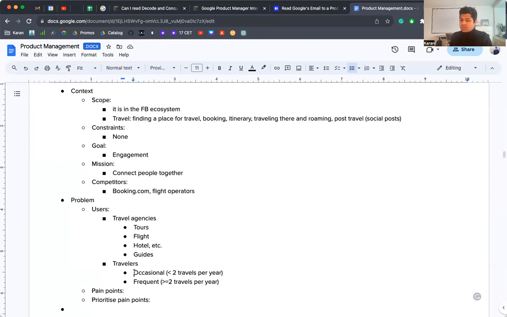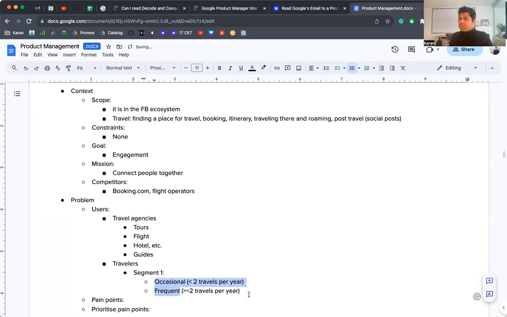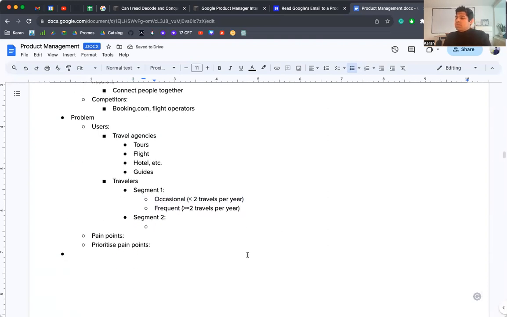The other segmentation that I can potentially look at could be by number of people who travel. So let's say I'm an individual person who is traveling. Maybe there is a couple, 2 people traveling. And then let's just assume that there is a group or family traveling.